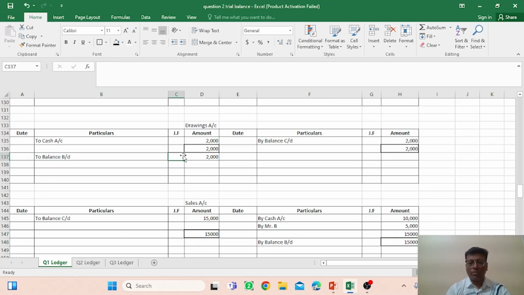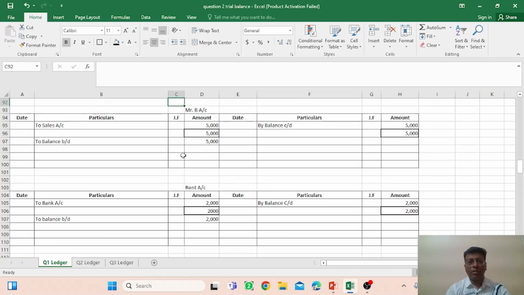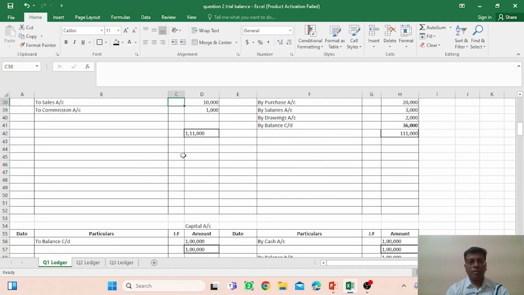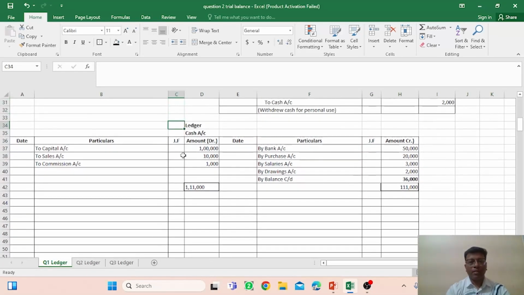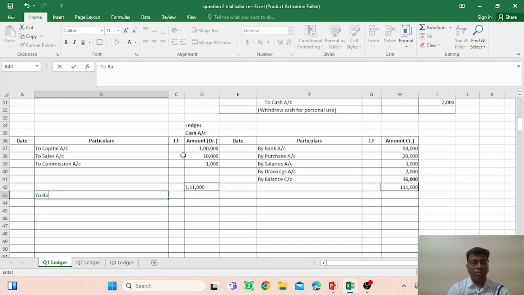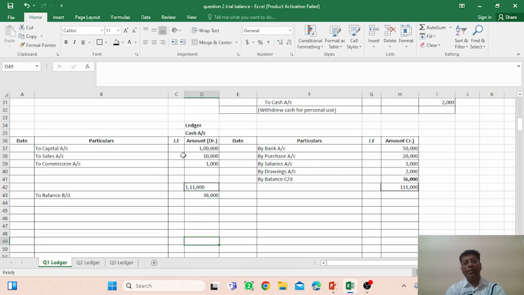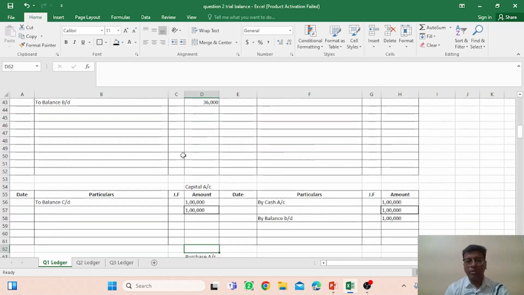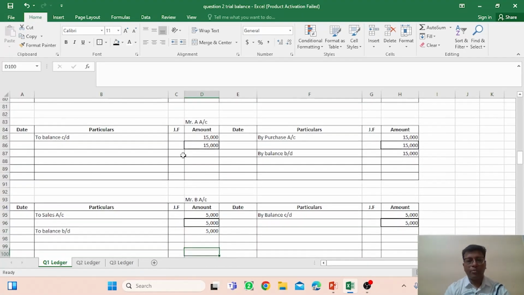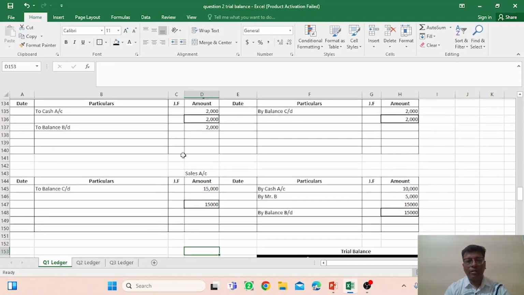Right. So every account you closed by taking the total and you extracted the balances, right? In this account you have to mention to balance brought down rupees 36,000. Okay. Now this is the time to go to the trial balance, and you have to mention every balance in the trial balance.